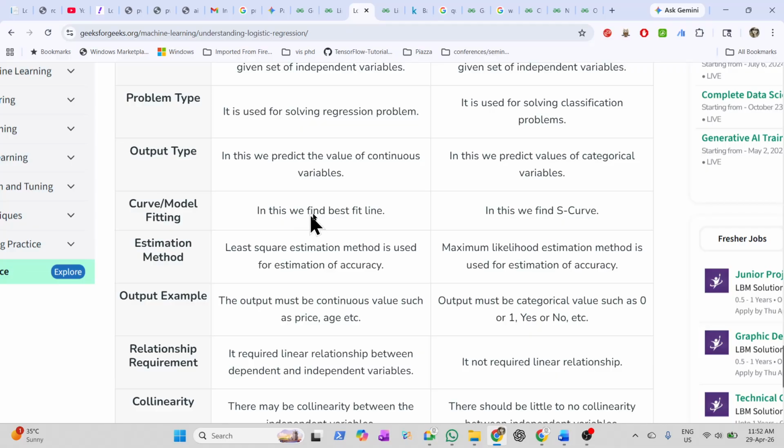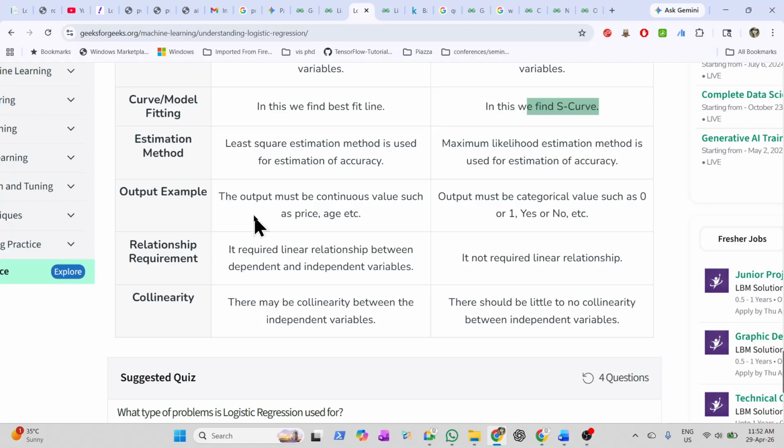Here we find the best fit line. Here we find the S-curve. Here the estimation method is least squares. Here we use maximum likelihood estimation. Output examples are price, age. Here output examples are 0, 1, yes, no.